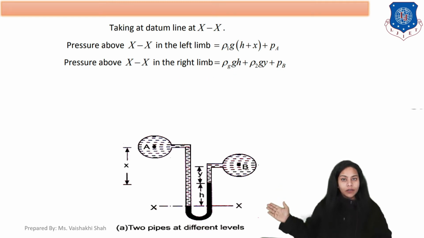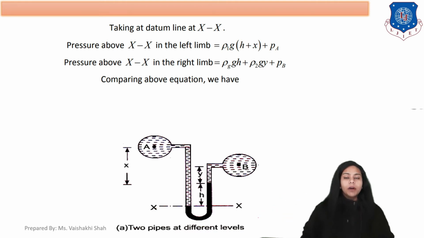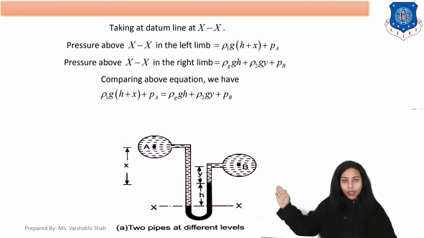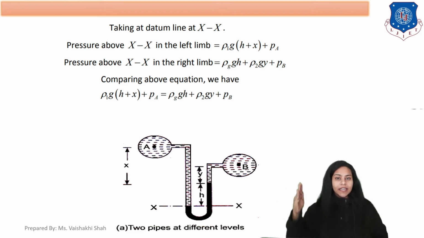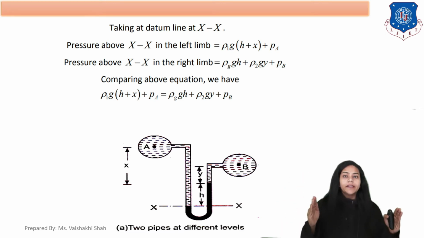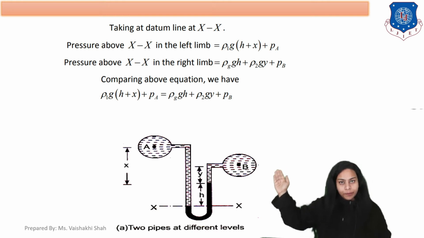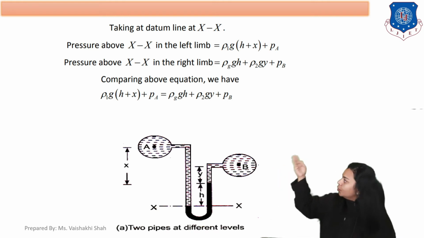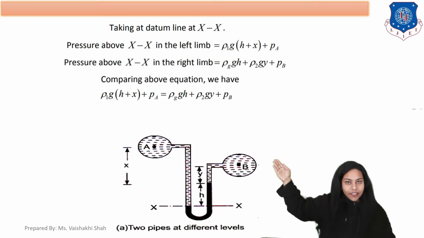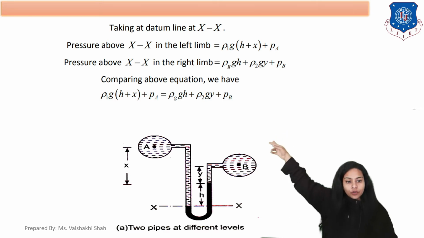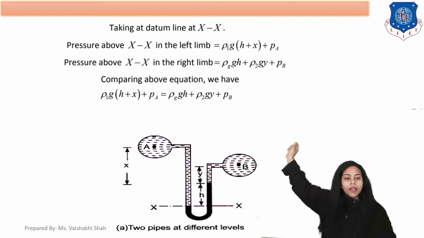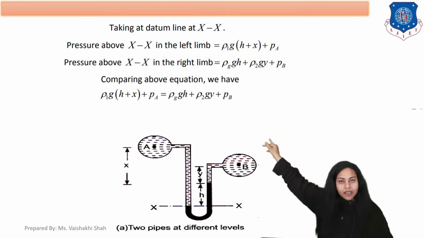Now, the pressure in the left side and the right column must be equal. So, comparing both equations, rho 1 G (H plus X) plus PA equals rho G G H plus rho 2 G Y plus PB. These are two equations.